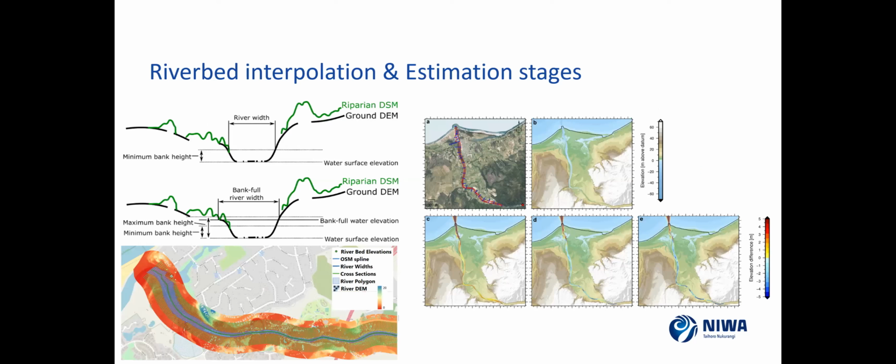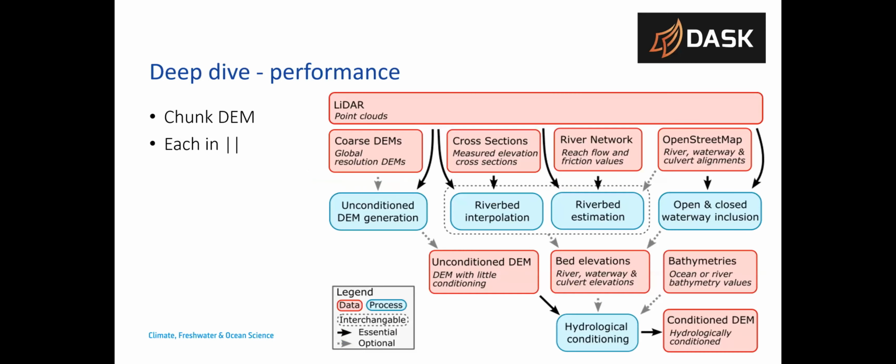I just wanted to include a bit more information, an example of one of the stages, but looking at the time, I'll just continue on. And if you've got any questions, we can always go into this in a bit more detail.